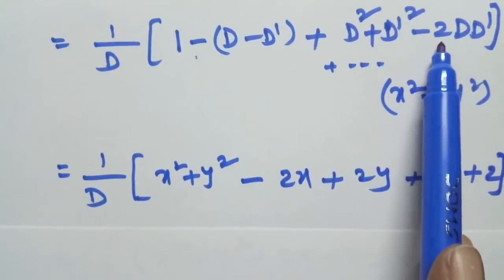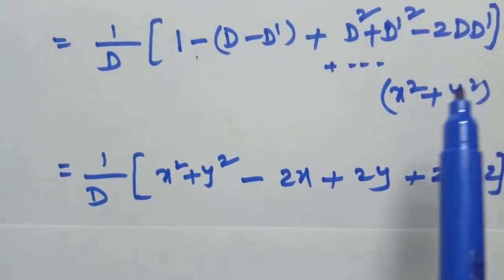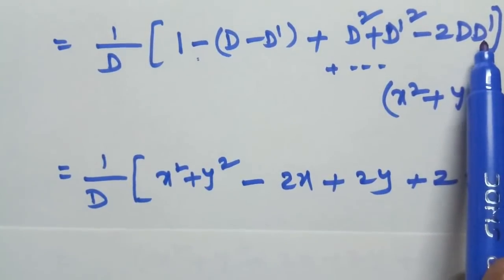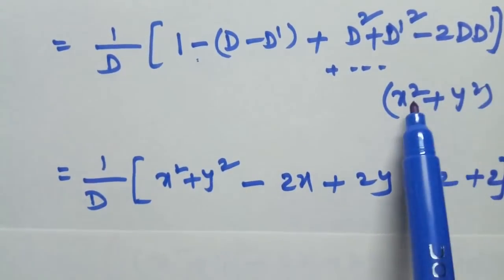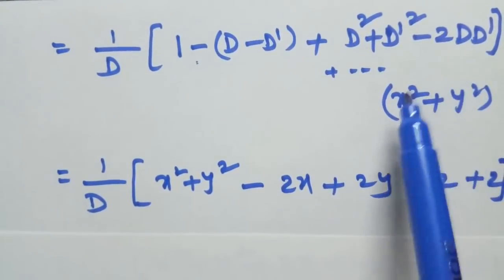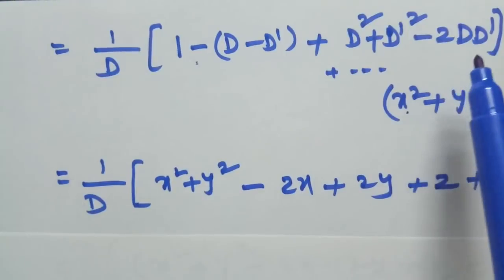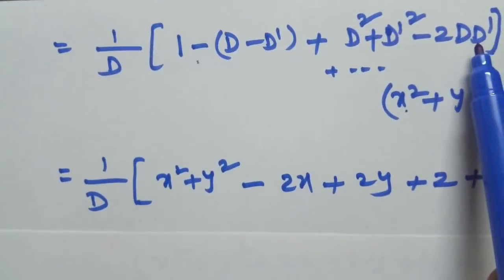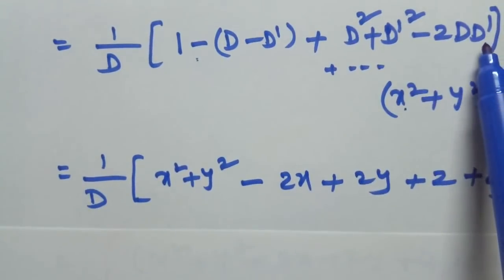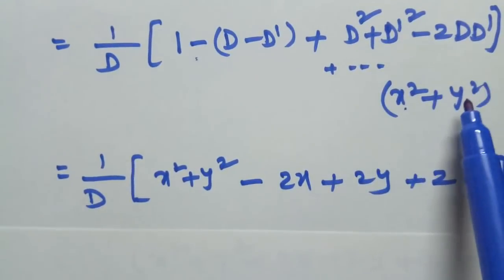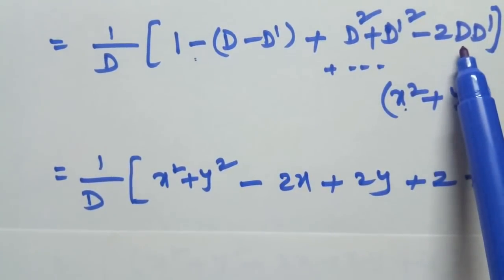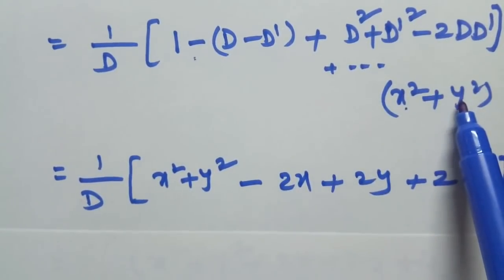Next, minus 2DD' of (x squared plus y squared). The partial derivative of x squared with respect to y is 0. Again the partial derivative of y squared with respect to y is 2y, and again with respect to x, that becomes 0.